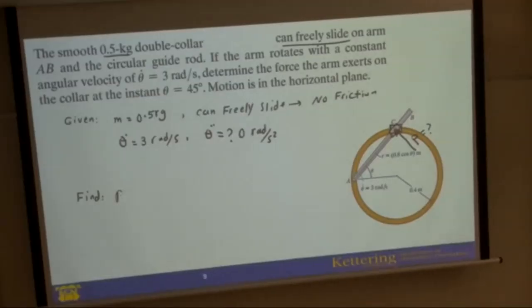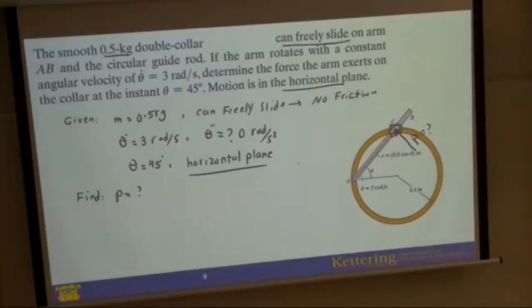When theta is 45 degrees, and also the motion is in a horizontal plane. What does it mean? When the motion is in the horizontal plane, what should we consider, what should we not consider?